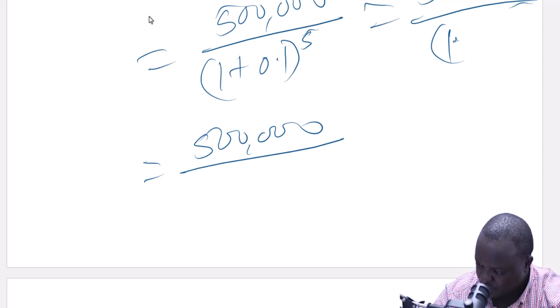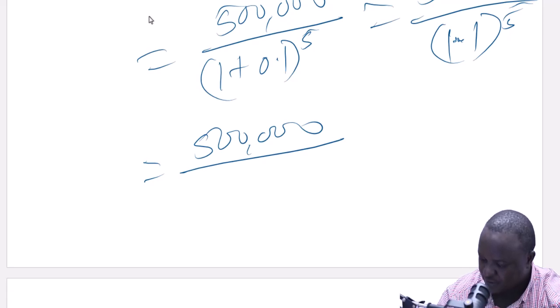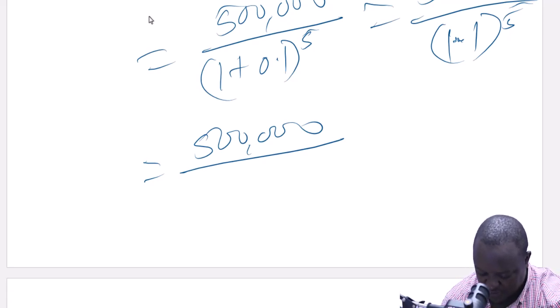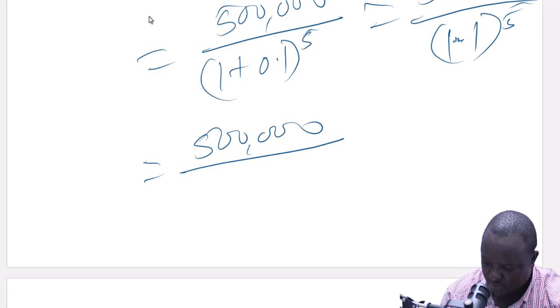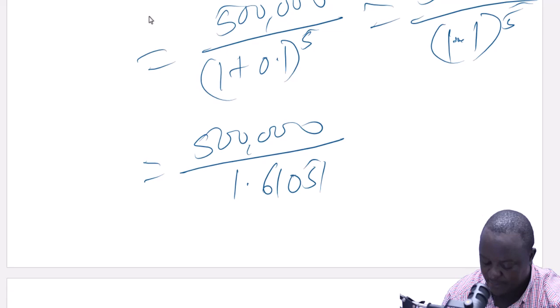Check on that correction. This should be 1.1 raised to power 5. So 1.1 raised to power 5 is 1.61051.